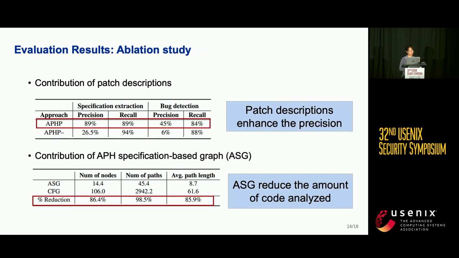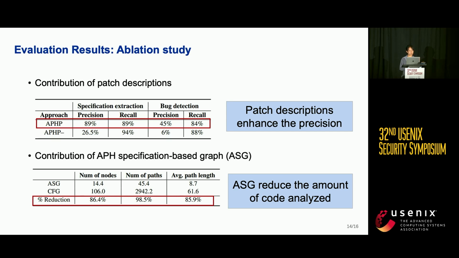We also perform studies to evaluate each component of APHP. The first table illustrates the importance of the patch description. Here, we compare APHP with APHP-minus, which is without the patch description. Our study revealed that the description leads to more accurate specifications, thereby improving precision in bug detection.